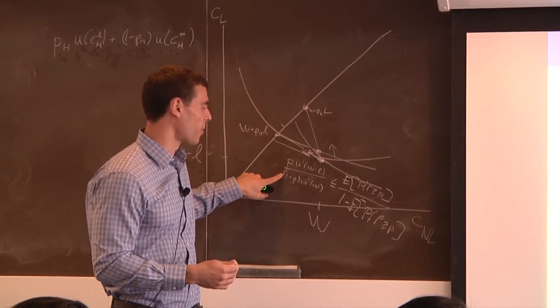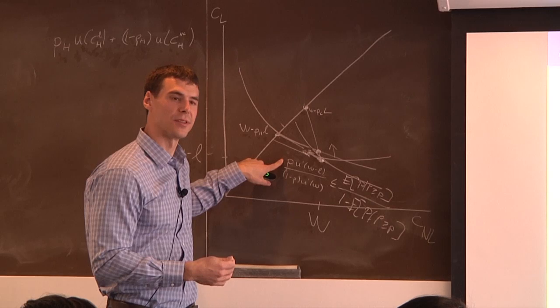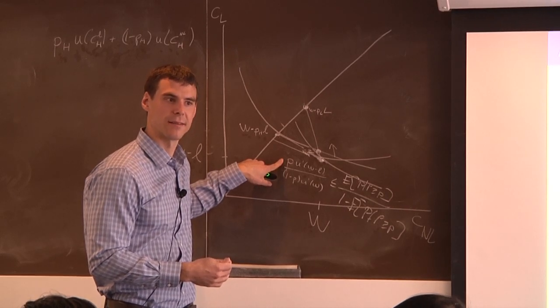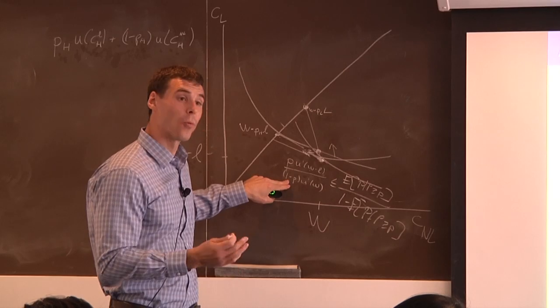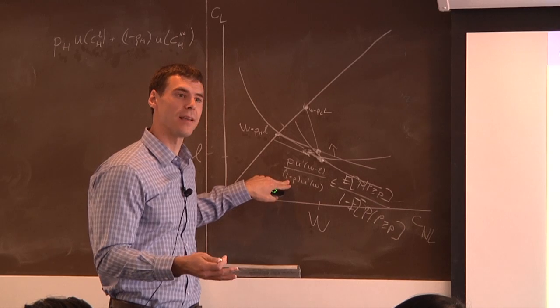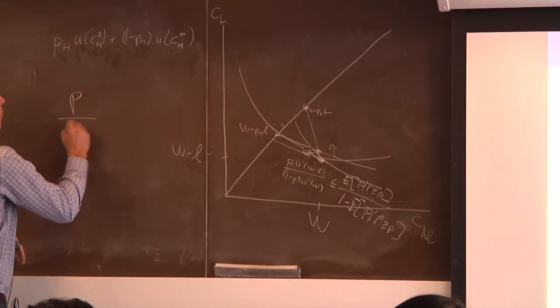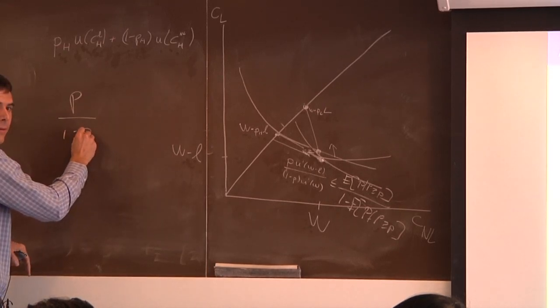And so there's another way to think of this condition without even thinking about the graph. The left-hand side is the marginal rate of substitution between consumption in the event of no loss and consumption in the event of a loss. Okay? If there was no private information, the actuarially fair cost to a type p of making that transfer would just be p over 1 minus p. Right?